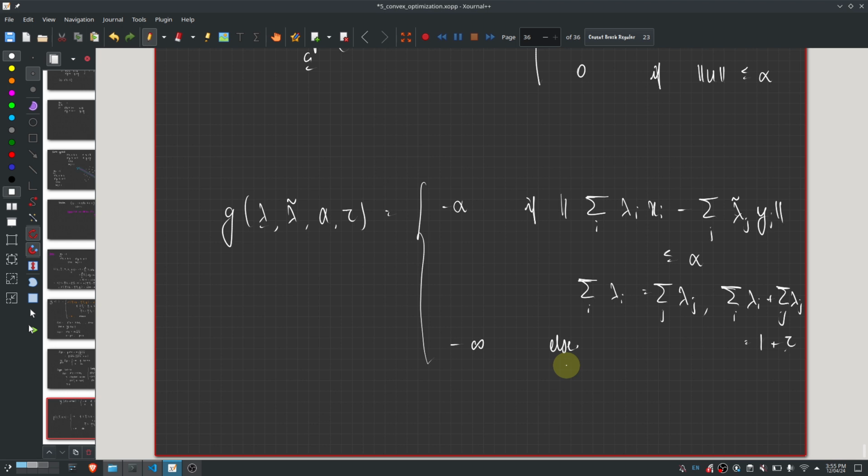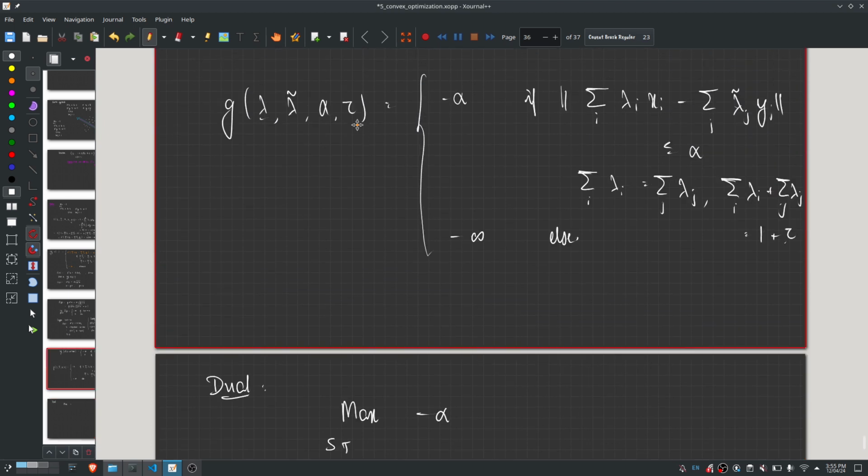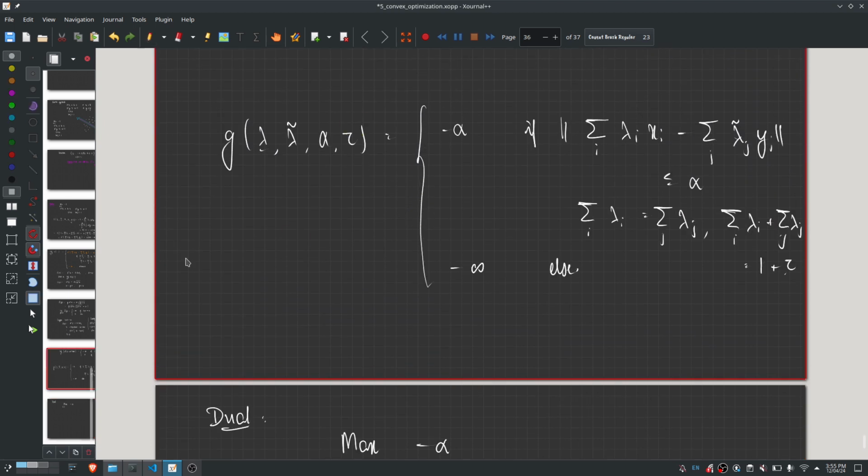So what is the dual optimization problem? Maximize minus alpha subject to all of these constraints on lambda and tau.